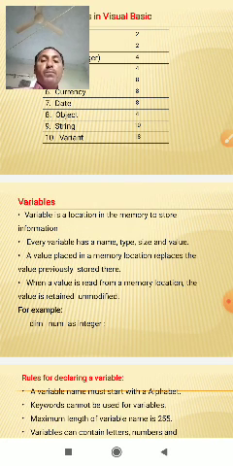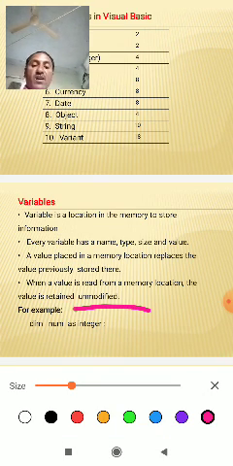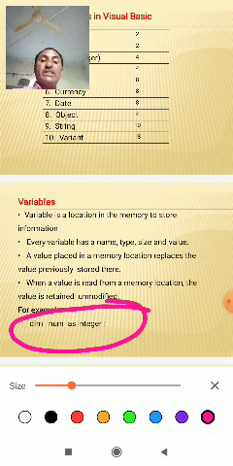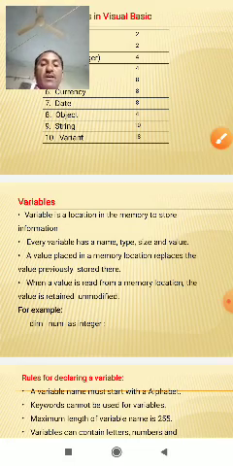A value placed in memory replaces the value previously stored there. For example, Dim num As Integer: num is a storage location and Integer means a number, and the value is stored there.